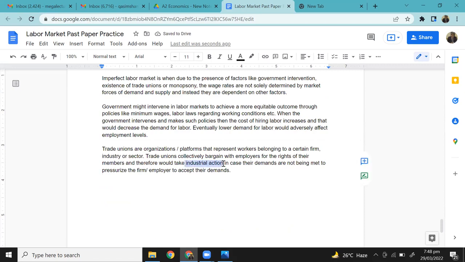Now you need to know what industrial action is. You might have heard the word for the first time, but you would need to know exactly what industrial action means.